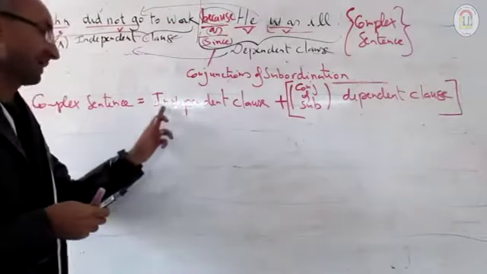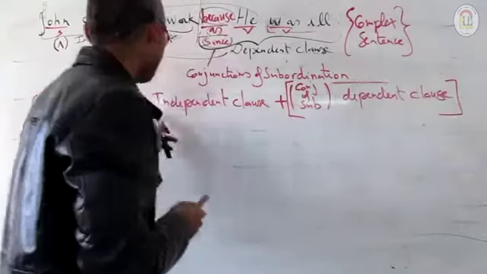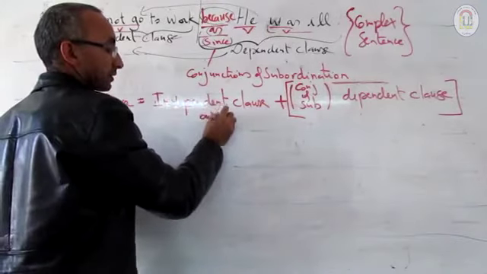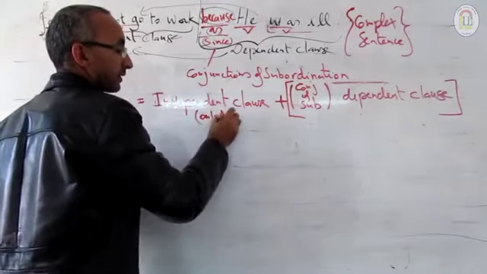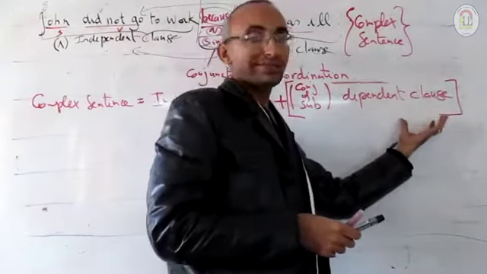Right. An independent clause, one. Here it must be only one. Only one. But here you can have one or more dependent clauses.